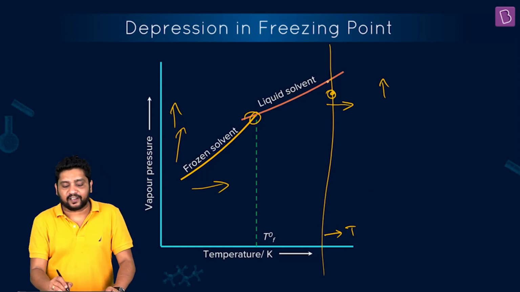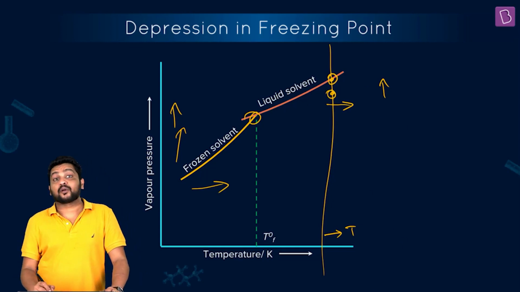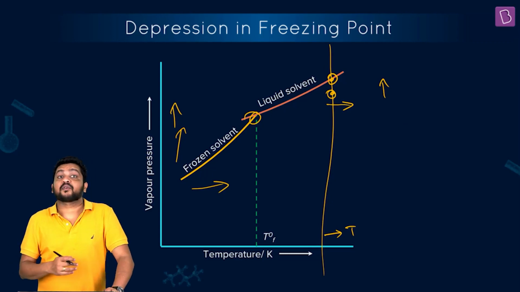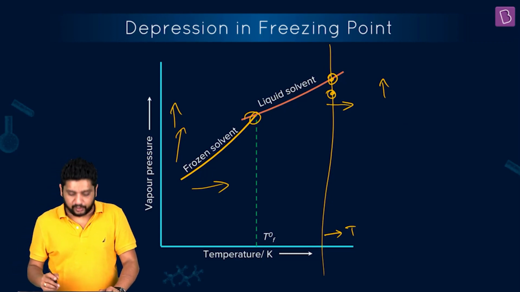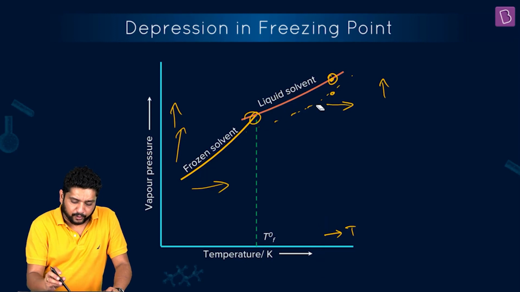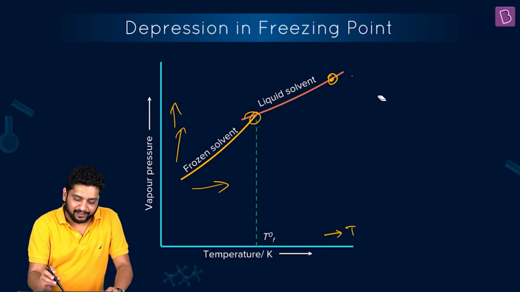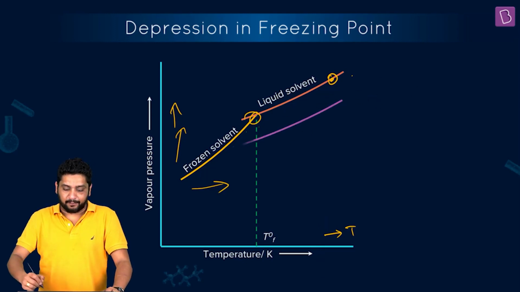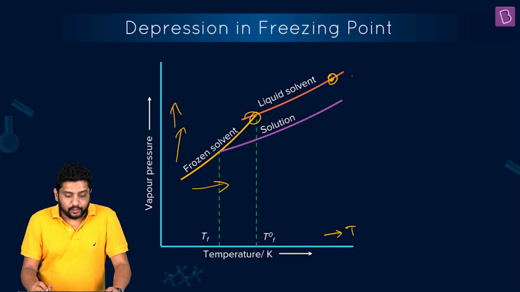This is where the vapor pressure is going to be for your solution. The upper dot is for solvent and the lower dot is for solution, right? If I keep plotting the vapor pressure for different temperatures, I'll keep getting a different line instead of the upper line. I don't want to draw it much more here because we will be seeing that in the next frame. So this is the solution vapor pressure.